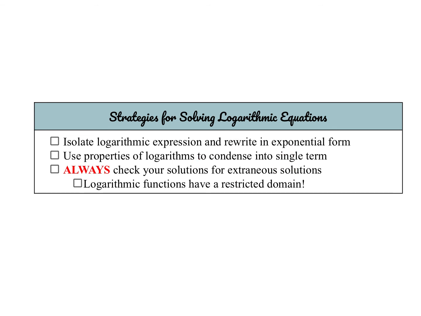And one thing to remember with logarithmic equations, since logarithmic functions have a restricted domain, you have to check your answer for extraneous solutions. So you have to make sure that your answers are valid, whether you get one answer or two answers, or, well, it is also possible to get no solution. So always check your answers with logarithmic equations.